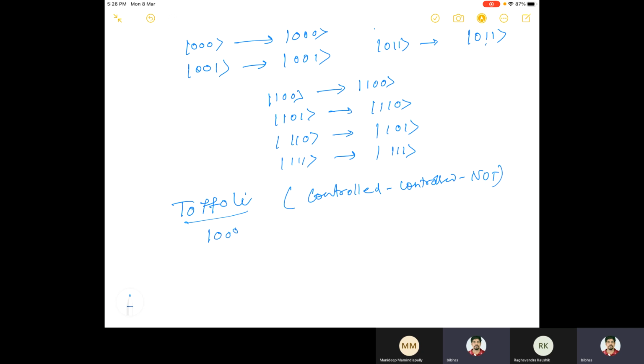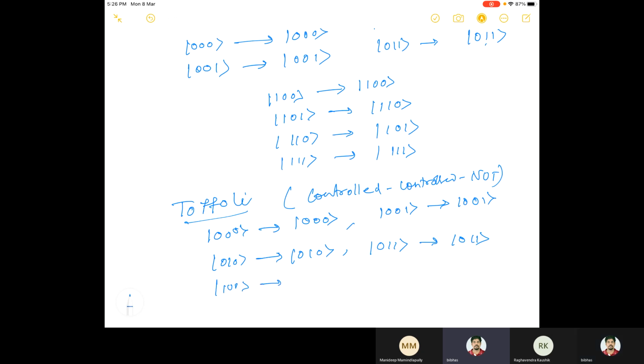So 0 0 0 will go to 0 0 0, and 0 0 1 will go to 0 0 1. 0 1 0 will go to 0 1 0, and 0 1 1 will go to 0 1 1. 1 0 0 will be just 1 0 0, because there are two controls.